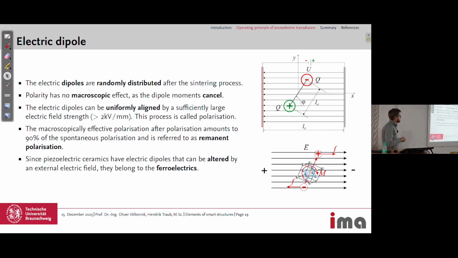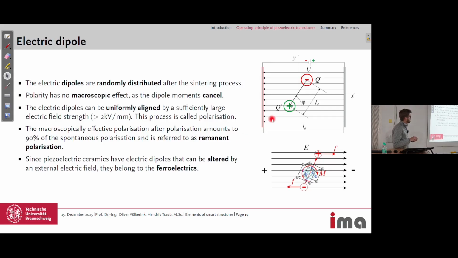But we can align the polarization or the dipoles by a sufficiently large electric field. So we need up to 2 kilovolts per millimeter. And with this, we can polarize the whole crystal structure.